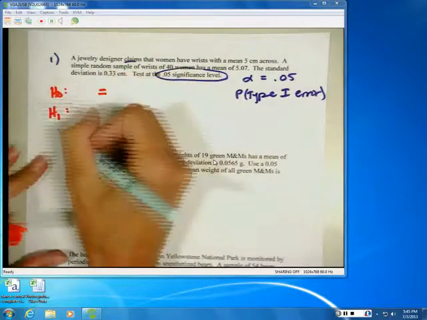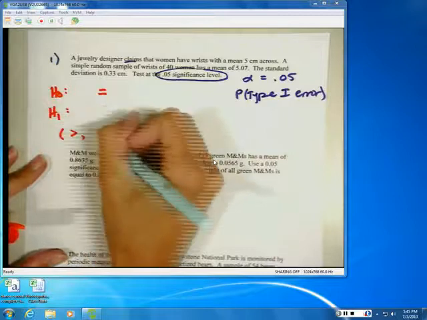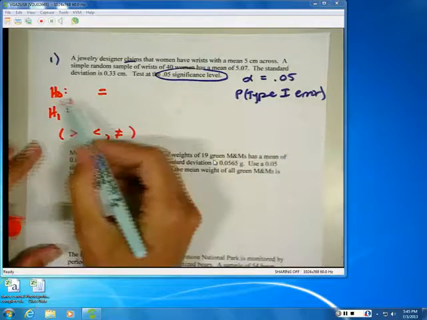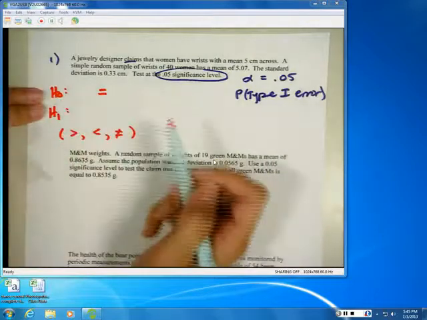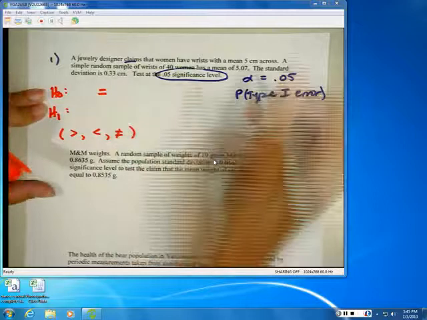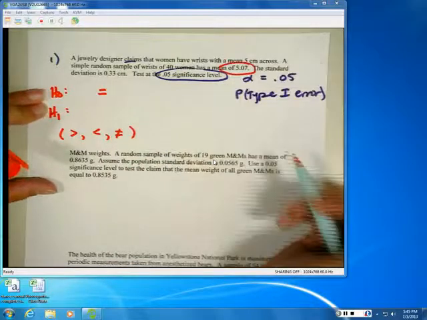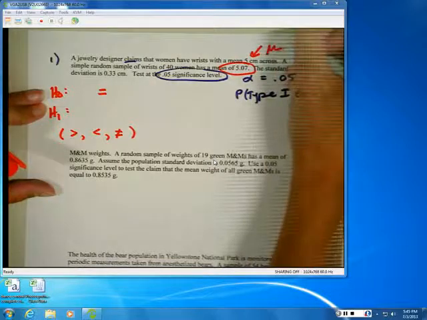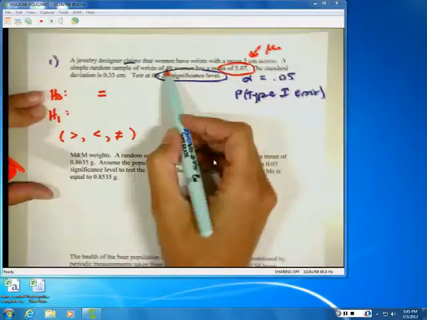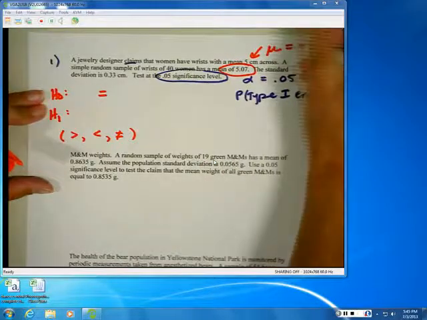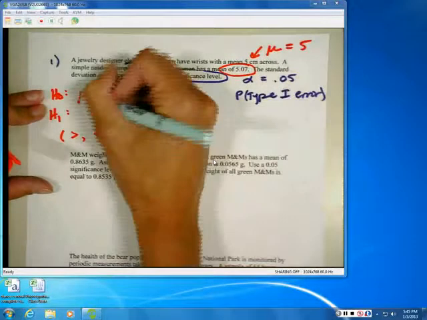The alternative hypothesis could have greater than, less than, or not equal. For the hypotheses, you need the claimed mean, or the one from the report, not the sample mean. The sample mean does not go in the hypothesis. So I'm going to pick up that 5. This is mu. The jewelry designer claims that mean wrist size is 5. The mean is 5 centimeters. So mu is 5.